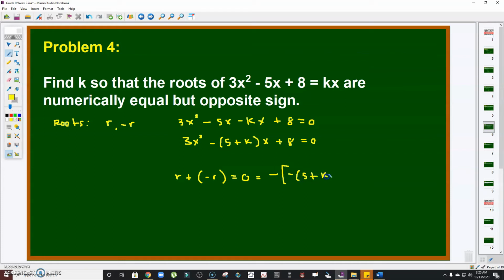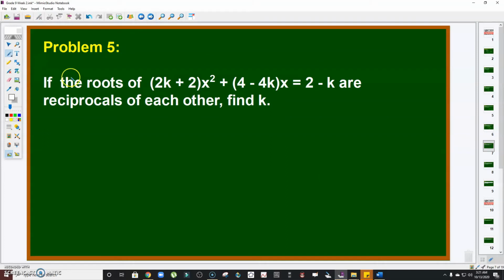Alright? Okay? Kaya positive yan. Over 3. So, therefore, clearly, that's 0 equals 5 plus k. Alright? Or, our k here is negative 5. Clear? Okay, dali lang. Next, problem number 5.